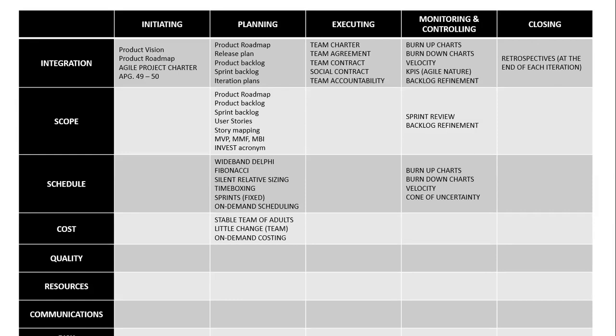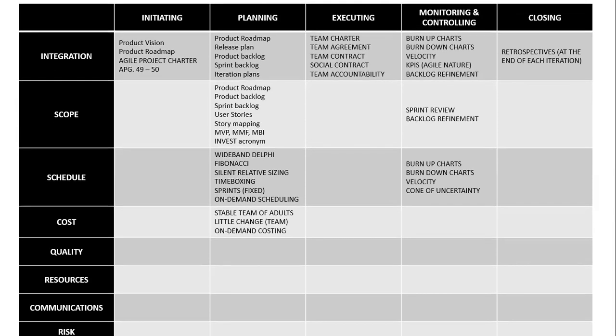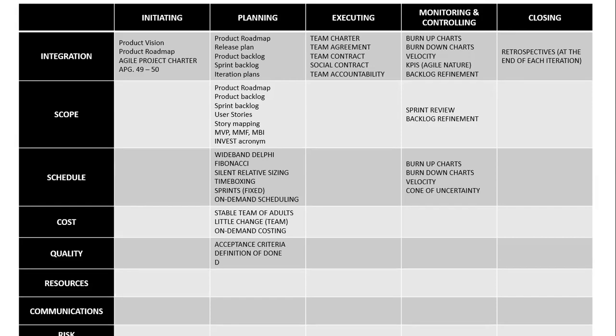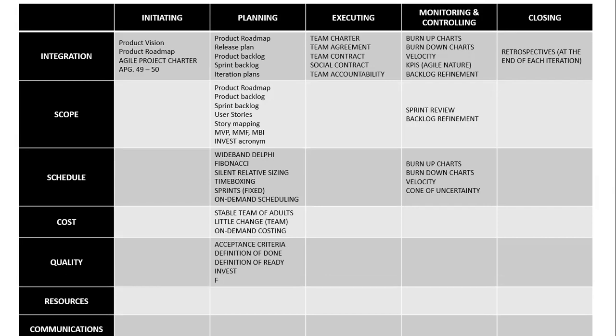Moving into the concept of quality, some things that help you in quality from an agile perspective are the concept of acceptance criteria, the concept of definition of done, the concept of definition of ready, again, your INVEST acronym, and the concept of frequent checks, frequent inspection, right?